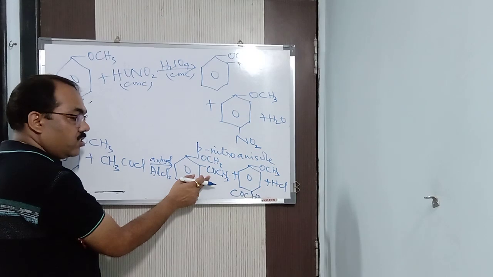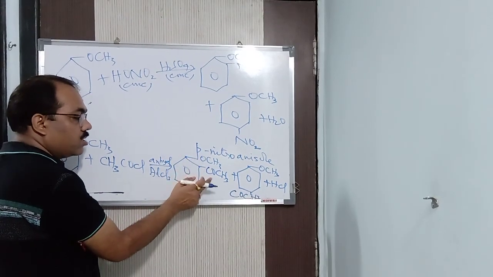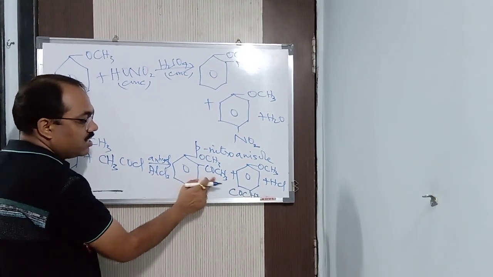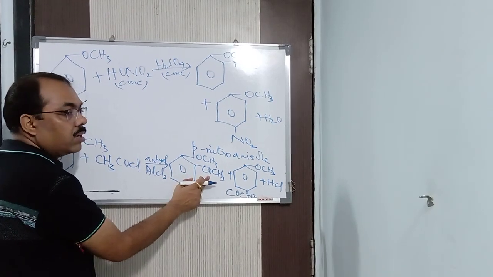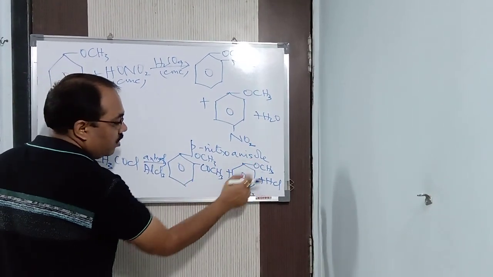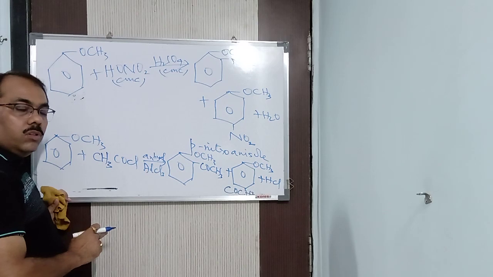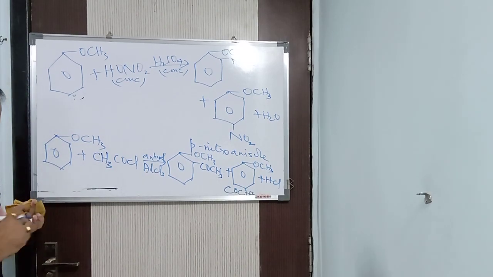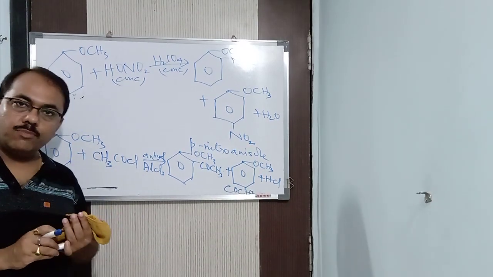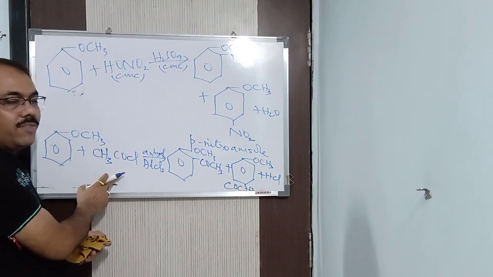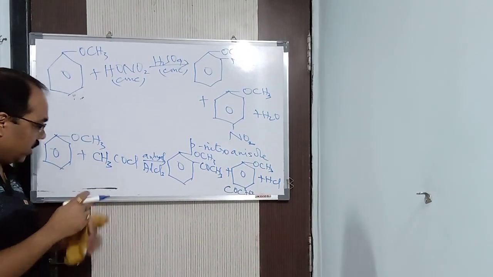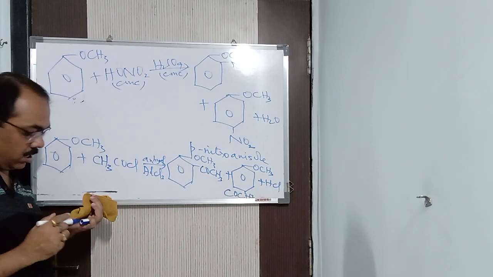The primary functional group is the ketone, so ortho-methoxyacetophenone, because benzene ring with COCH3 is acetophenone, and this is para-methoxyacetophenone. In this way, these are the electrophilic substitution reactions. This is your Friedel-Crafts acylation or acetylation, because this is acetyl chloride. Thank you very much.